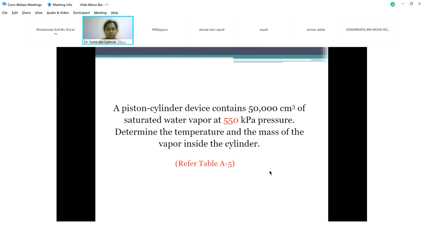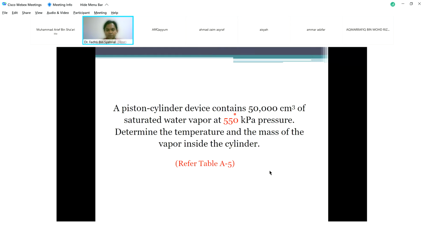For example, in this example here, a piston cylinder device contains 50,000 centimeter cube of saturated vapor at 550 kilopascal. Determine the temperature and the mass of the vapor inside the cylinder. From this question, we know that pressure is given here, 550 kilopascal, and then we have to determine the temperature and the mass of the vapor inside the system.